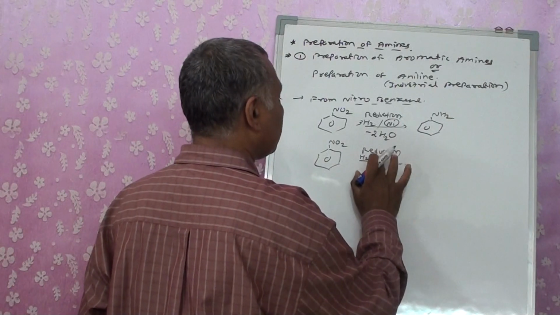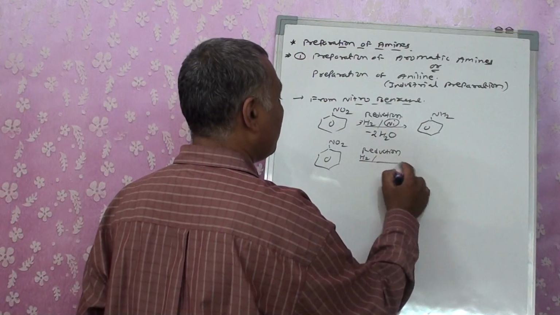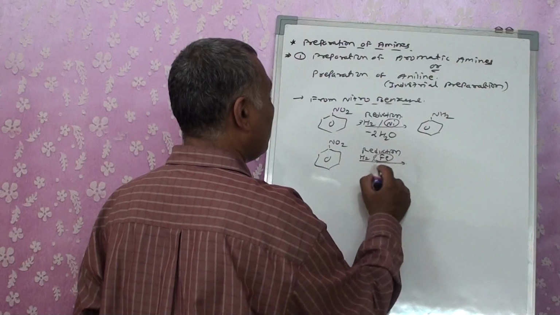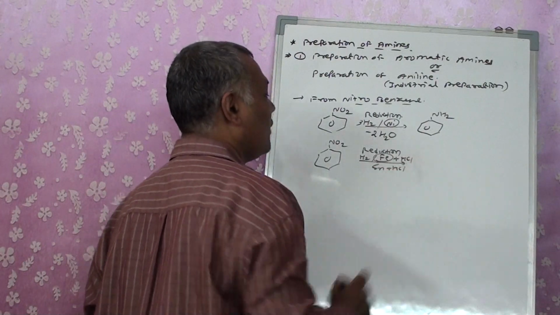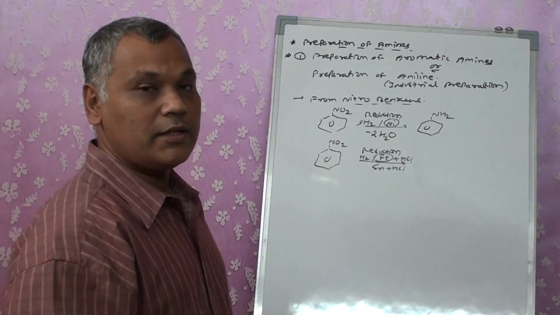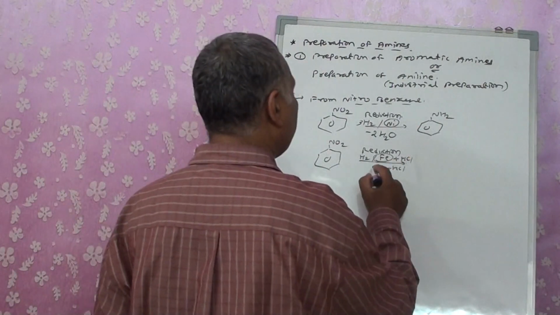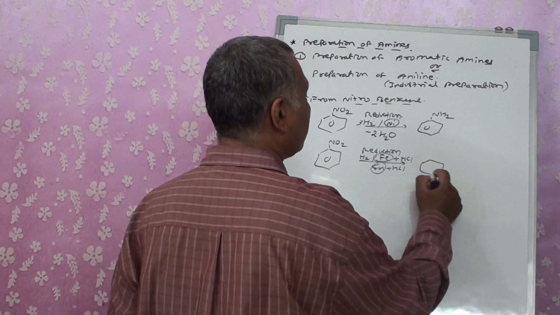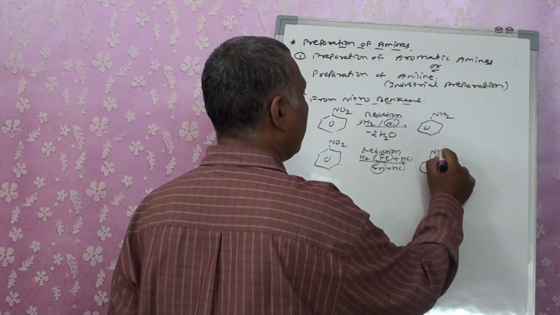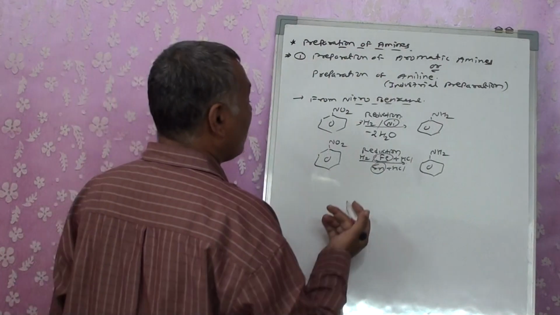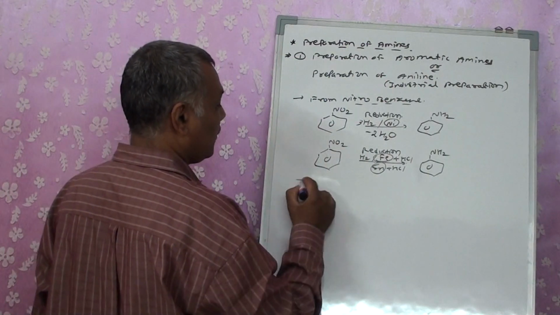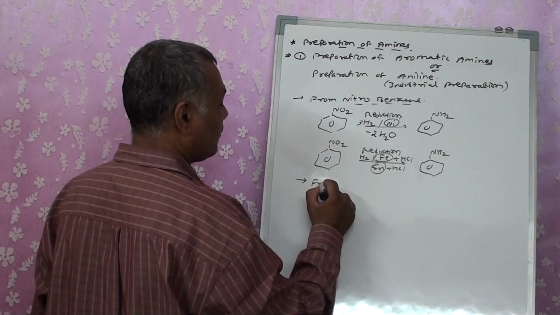We can also use Fe/HCl or Sn/HCl, any of these can be taken. The reduction produces NH2 again. Right? Okay.